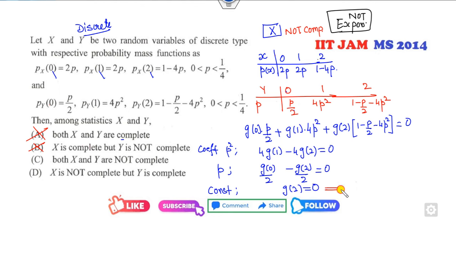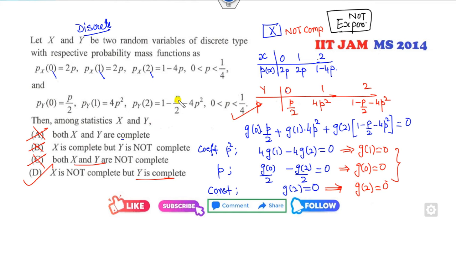So from here g2 is 0, then g0 is 0, then g1 is 0. All three values are 0. Yes, y is complete. So the option saying both x and y are not complete is wrong; y is complete is the correct answer. Always remember, whenever you have the exponential form, you can solve it the other way; otherwise, this manner.